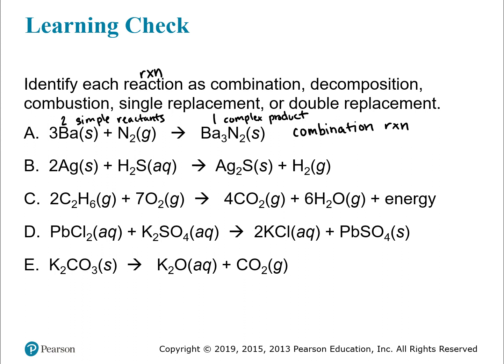Second one, we've got silver and some kind of an aqueous solution. And I notice, look at where that silver ends up. It has swapped partners. It was alone, then it booted out the hydrogen. So that must mean it's a single replacement.